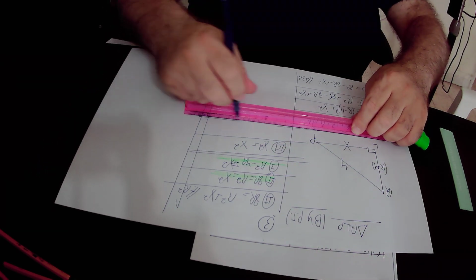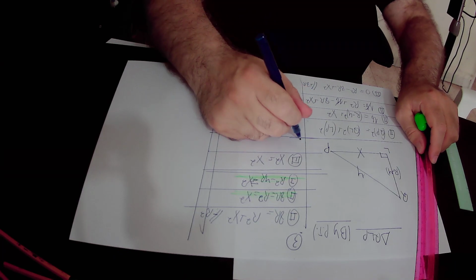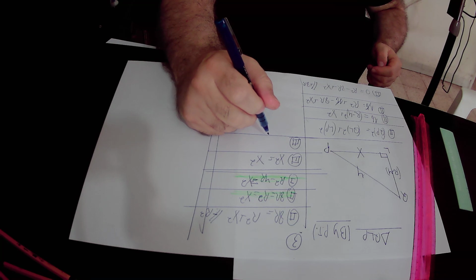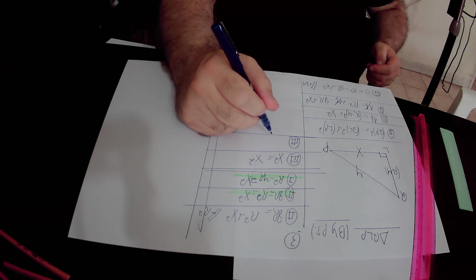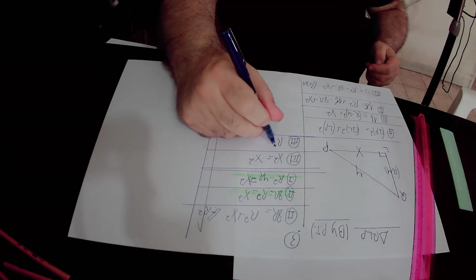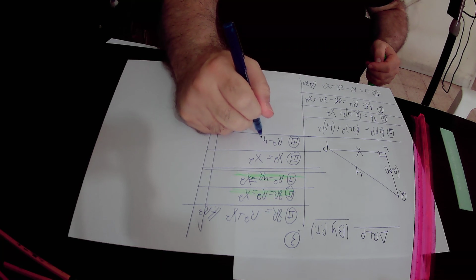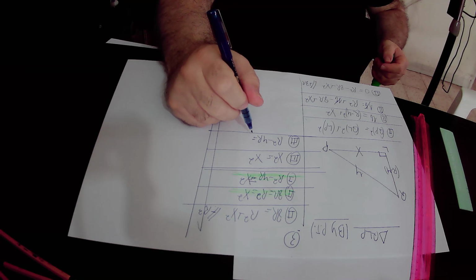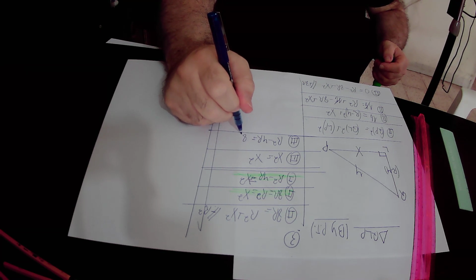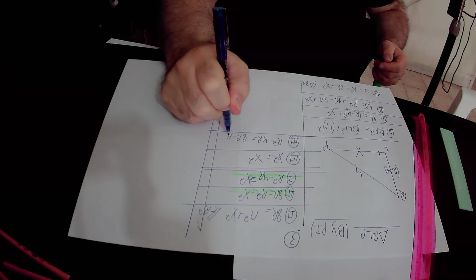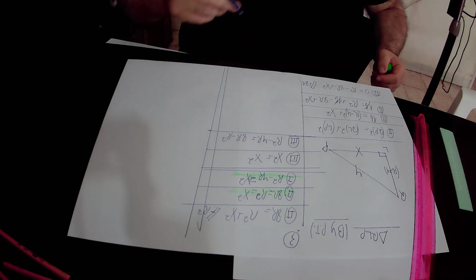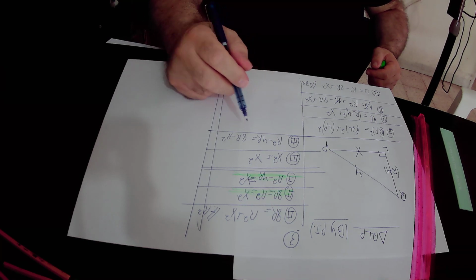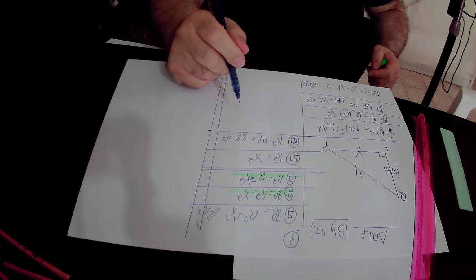So here X square according to equation number 1 equals R square minus 4R, and it must be equal to X square according to equation number 2, that is 8R minus R square. So according to equation number 3, we found out that R square minus 4R equals 8R minus R square.